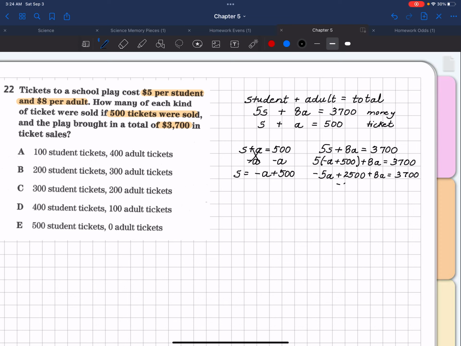Okay, so let's move the 2,500. So that leaves me with negative 5A plus 8A. And this leaves me with 1,200. So this would be a total of 3A equals 1,200. Divide both sides by 3. So the number of adult tickets sold was 400.